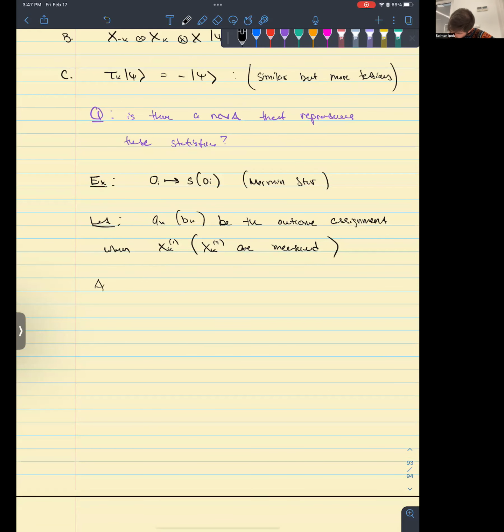And so that's for the first 2 qubits. For the third qubit, let C0 or respectively C1 be the outcome when X3 or respectively Y3 are measured.